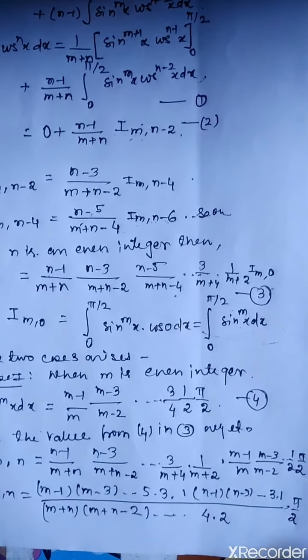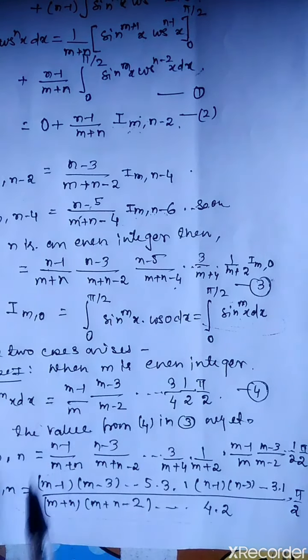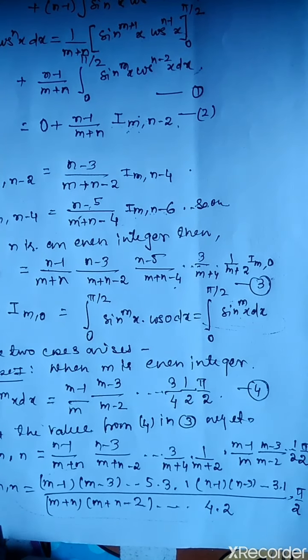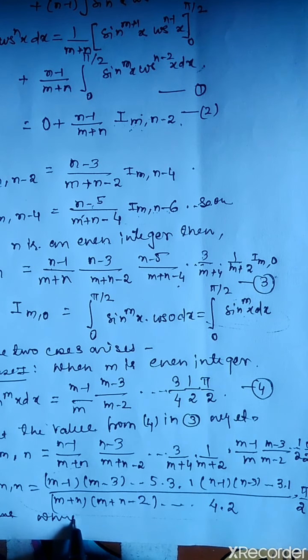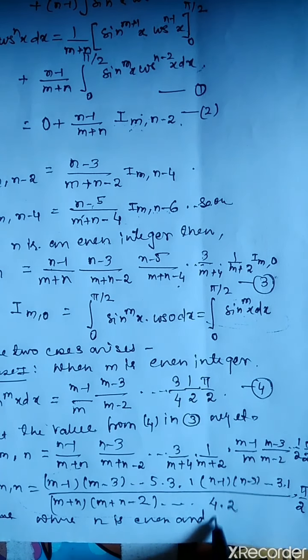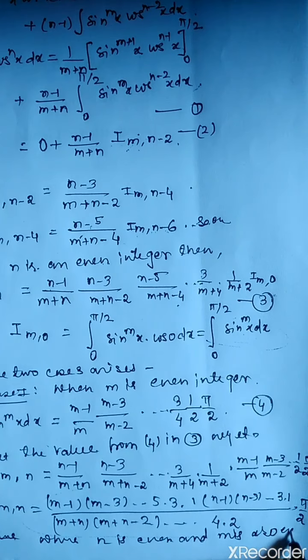So this is the value when both n is even and m is also even.